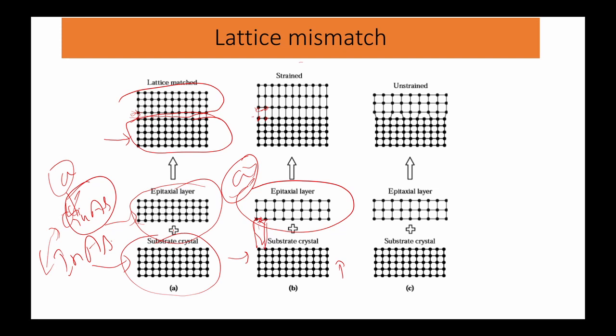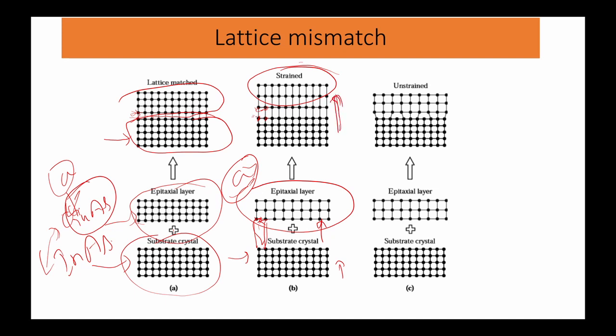That will change the band at this interface. Because of the stress, the potential will vary, and cracks may happen in the film.